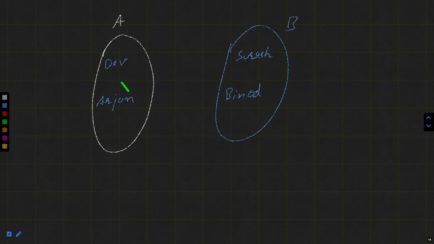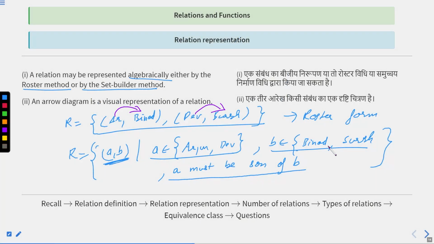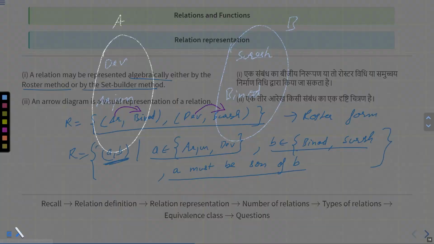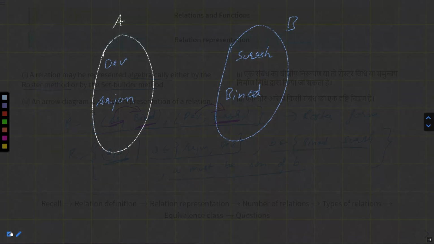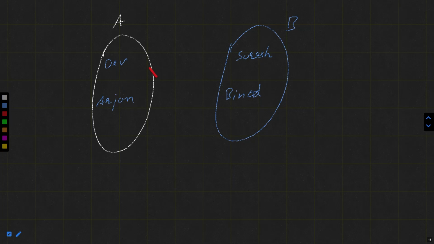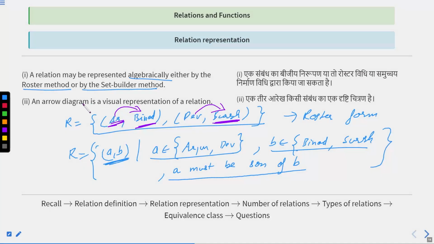We know Dev is related to Suresh, and Arjun is related to Vinod. So this representation we call an arrow diagram. I hope that it is also clear to you now.